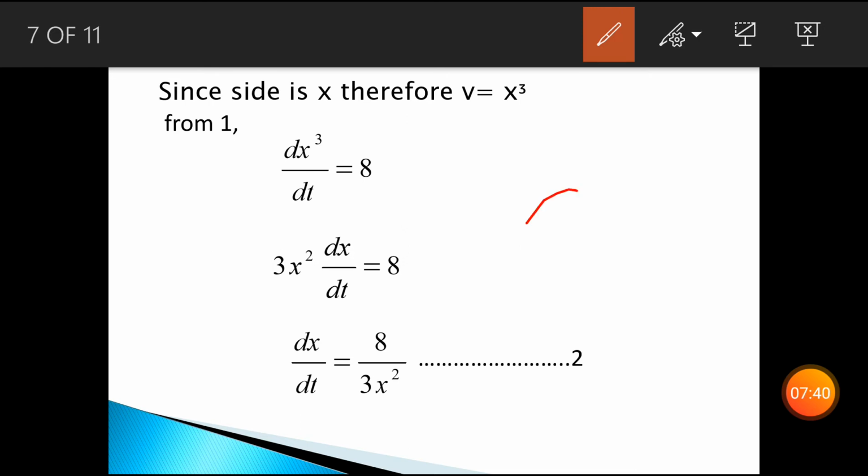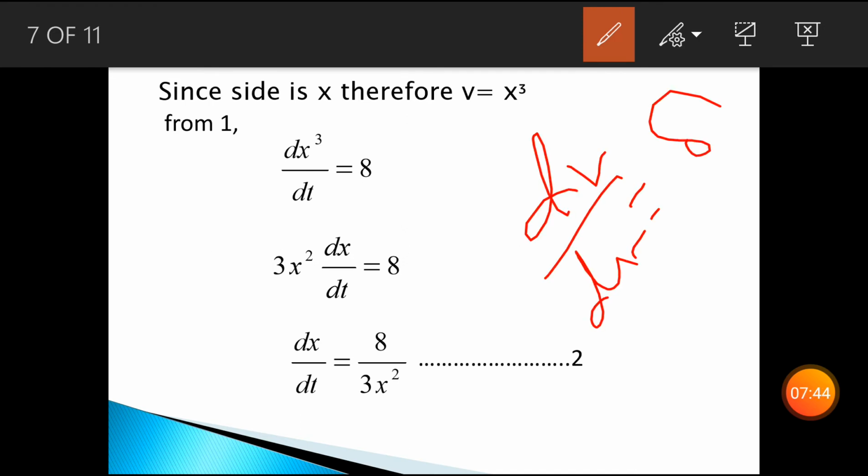In the last slide I wrote dV upon dt is positive 8. As the side we have let that it is x, so the volume will be x cube. Now replace this V with x cube, so you will get d(x cube) upon dt is 8. So it is nothing but the differentiation of x cube with respect to t.